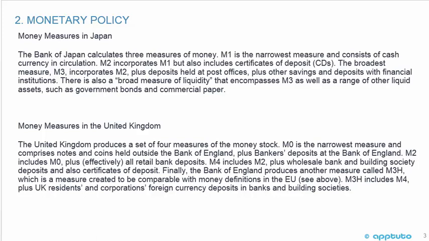M4 includes M2, plus wholesale bank and building society deposits, and also certificates of deposit. Finally, the Bank of England produces another measure called M3H, which is a measure created to be comparable with money definitions in the EU. M3H includes M4 plus UK residents' and corporations' foreign currency deposits in banks and building societies.